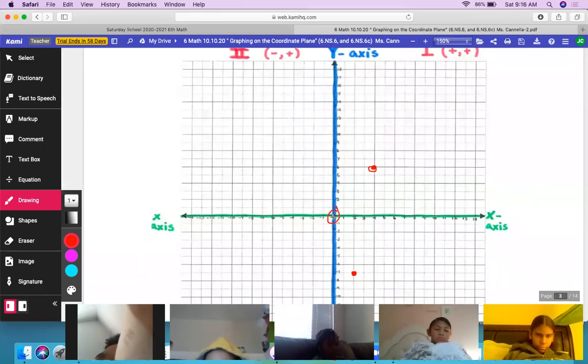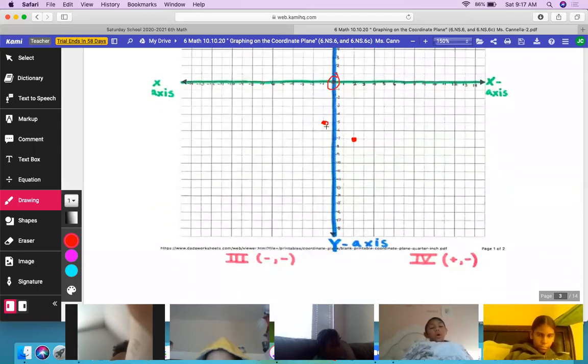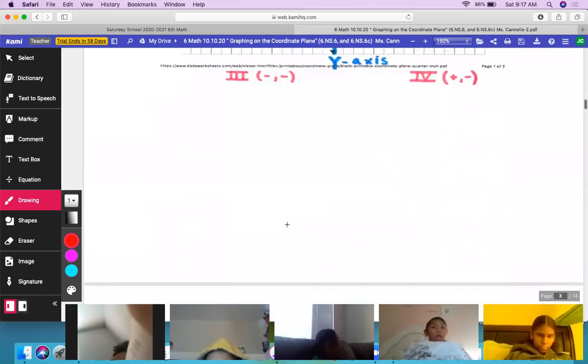We move to the right or the left? The left. Good. And now we want to go to -5. Where do we go on the Y? We go up or down? We want -5. Down. Good. So what quadrant are we now in, where our red dot is right here? Quadrant 3. Beautiful job, Daniel.